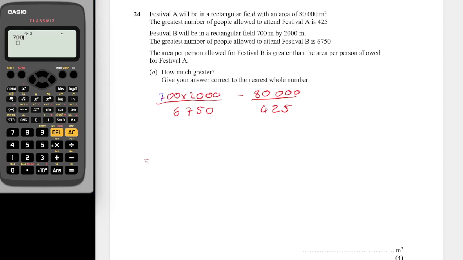So 700 times 2,000 divided by 6,750, and from that I want to subtract 8,000 divided by 425. So that's going to give me 188.58.